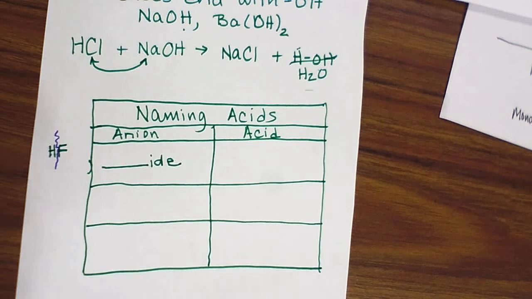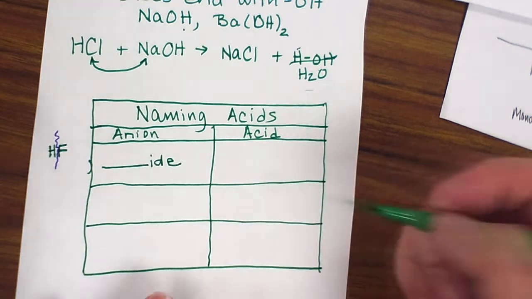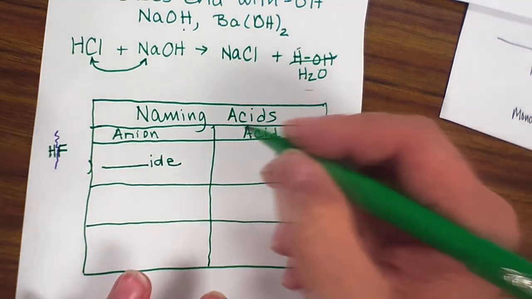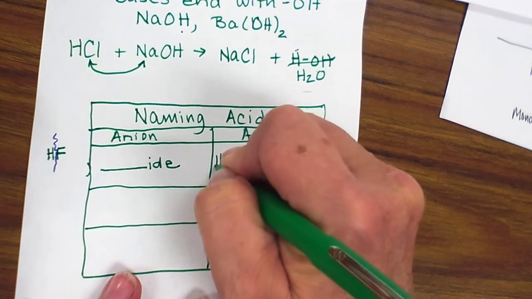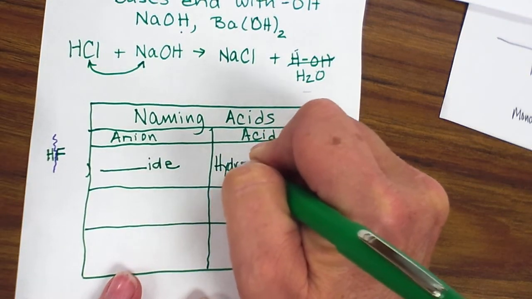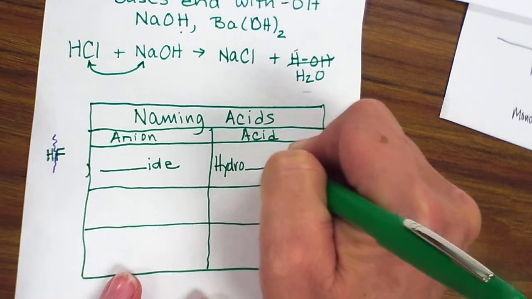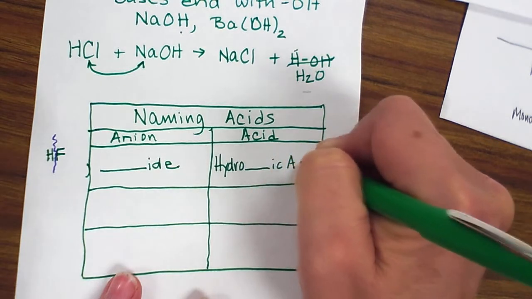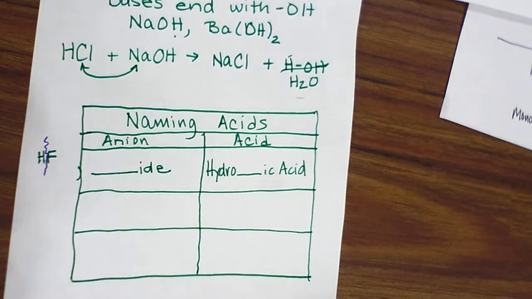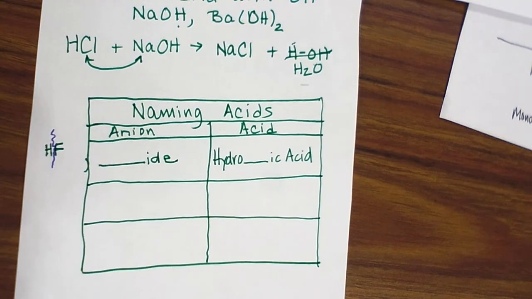And F- is fluoride, because it comes right off the periodic table. It's an anion, so it's fluoride. So that means that your acid is going to be called hydro-something-ic acid.